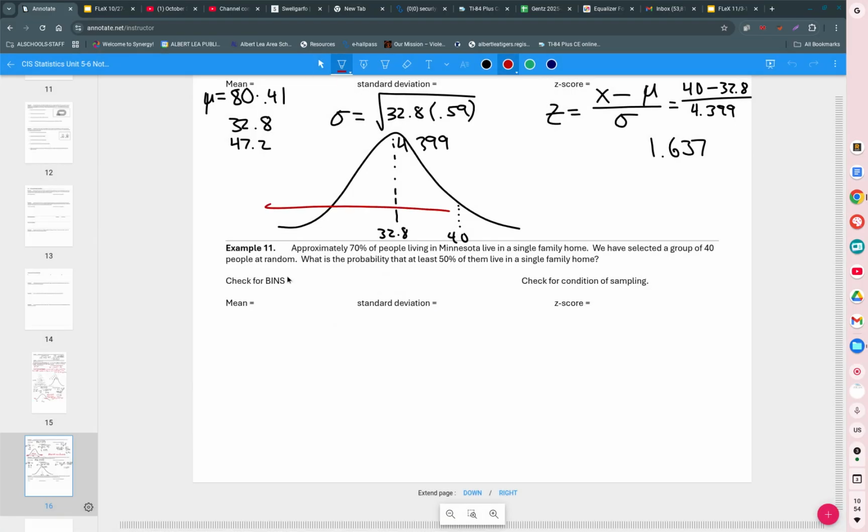So that means everything this way is 0.9495. In this situation, are we wondering the area to the left, or are we wondering the area to the right? To the right, because we're wondering greater than.